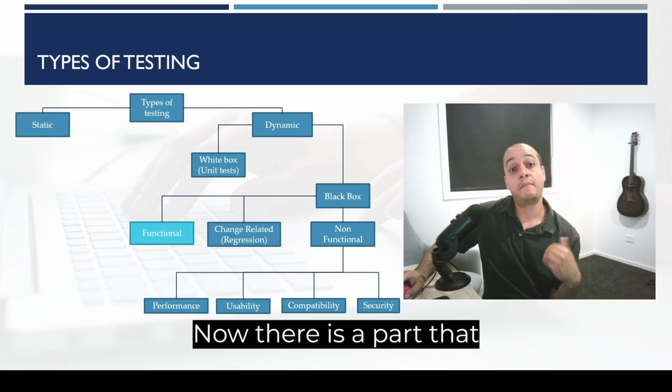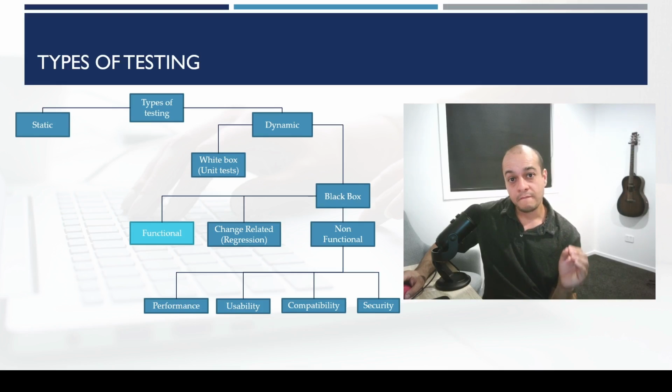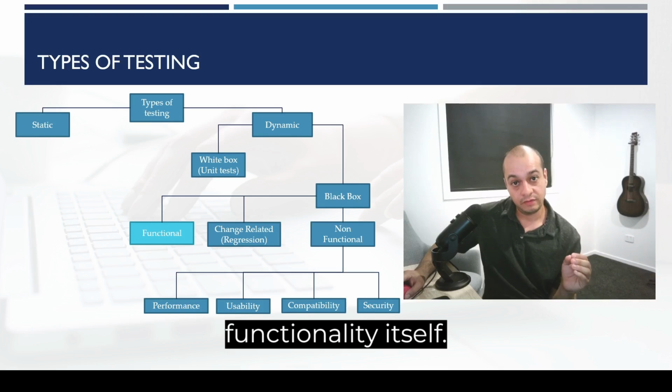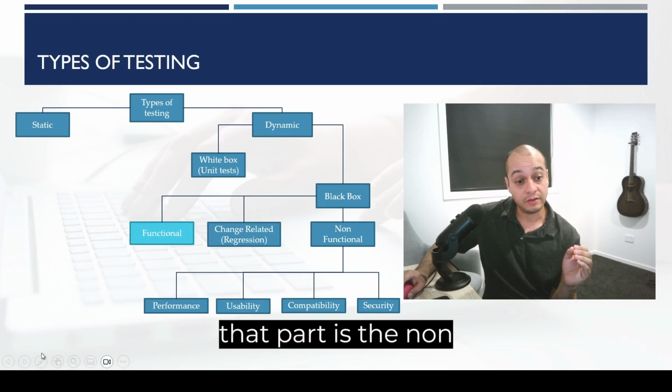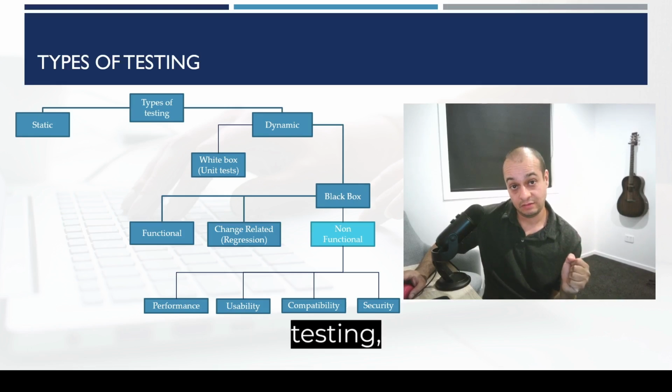Now, there is a part that also tests the system, but not the functionality itself. This part is going to check how the system is behaving, and that part is the non-functional testing.